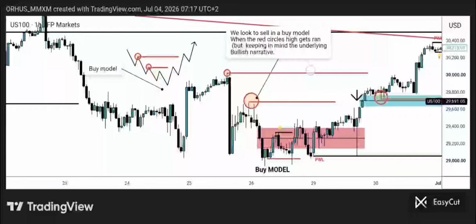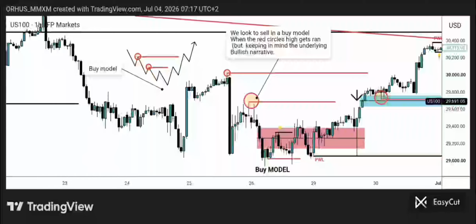You can see this red range. When price displaces through it, we actually didn't see much of a retracement, but this would have been a move to scalp. But for inexperienced traders, you could look to just ride the buy move from this point up to this point. And you can see the schematic as well.